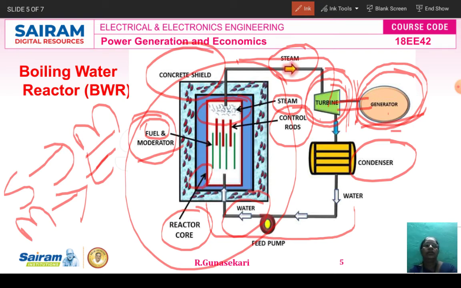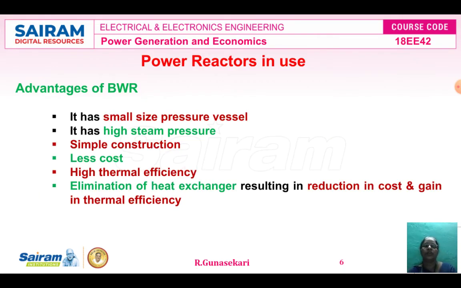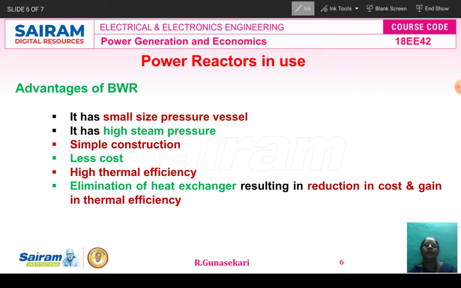Then we studied the advantages of the boiling water reactor. The important technical points I highlighted in different colors for your notice. These technical points are very, very important, students. Without these in your writing, you will never get the marks.